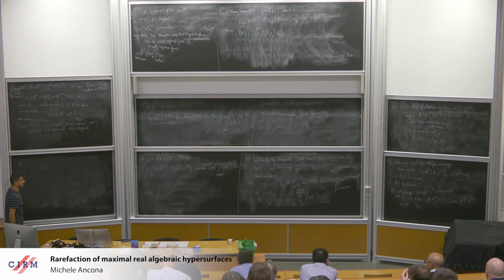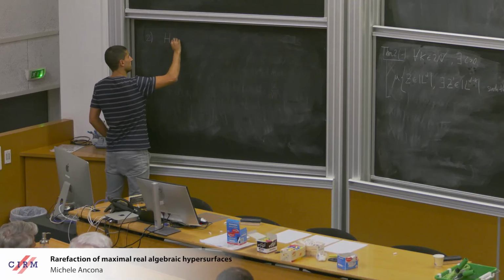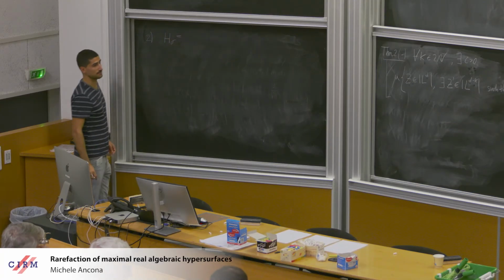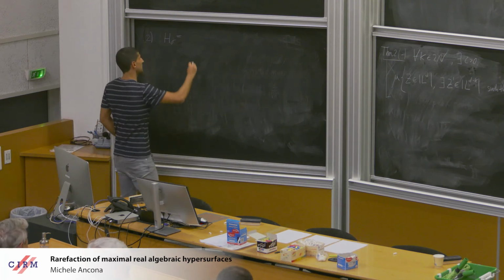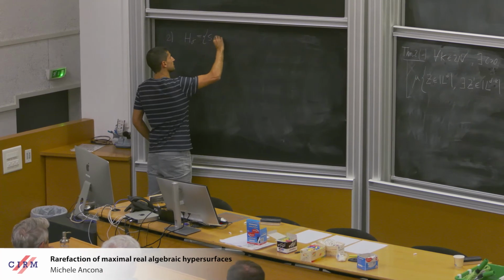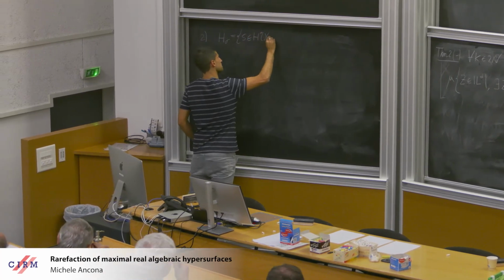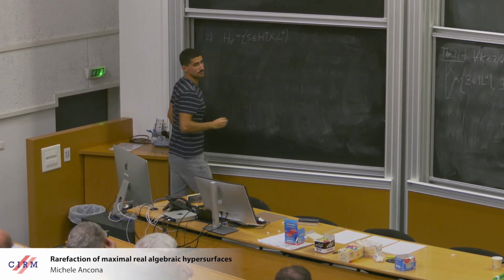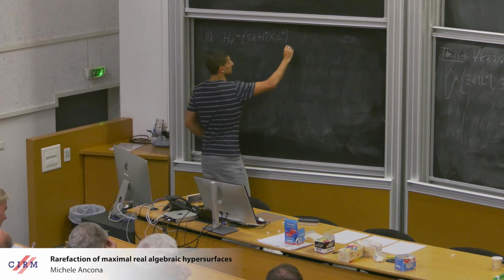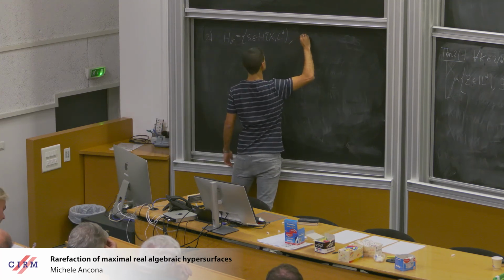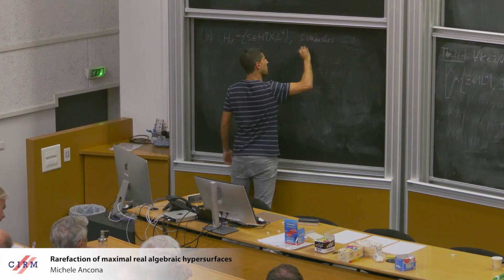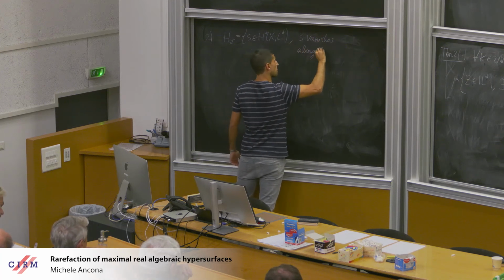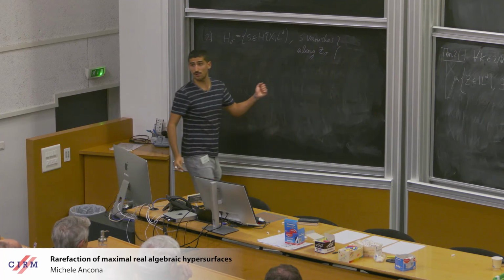So we fix some sigma, and when we fix some sigma, we have naturally the following subspace of the space of global sections. This is the space of global sections which vanishes along the zero locus of sigma.